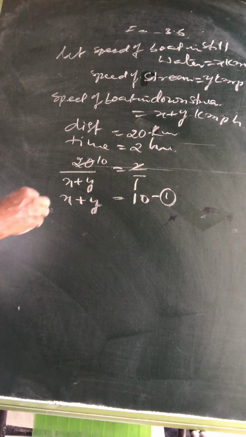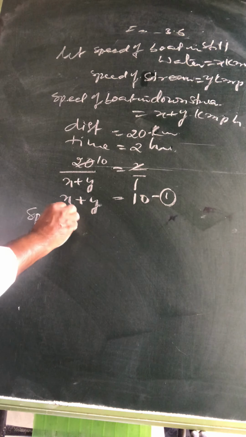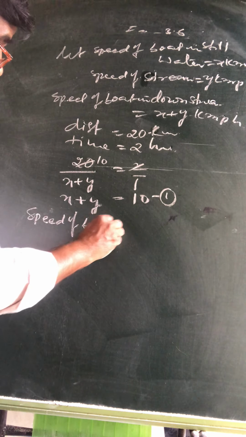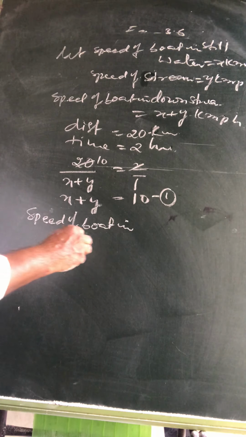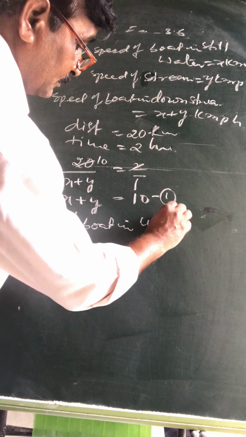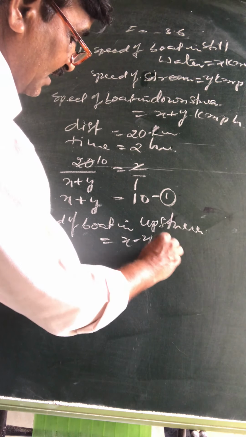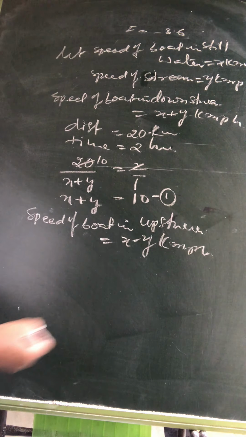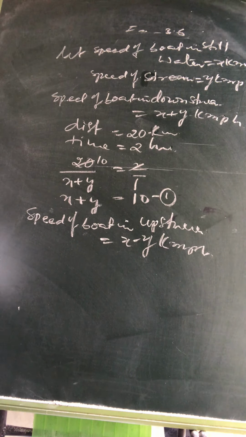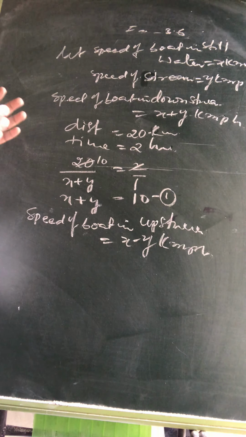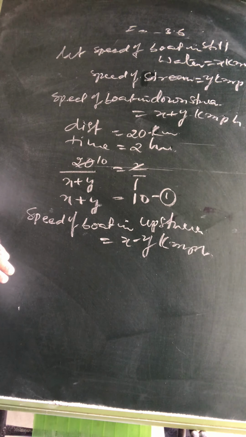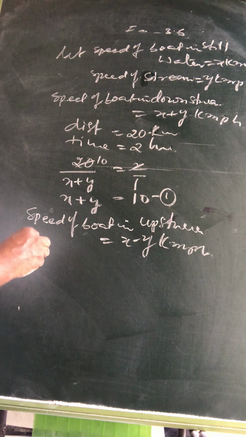Whereas the speed of the boat in upstream is x minus y kilometers per hour. When the boat or steamer is coming in the opposite direction of the water, its original speed is reduced by the speed of the stream.